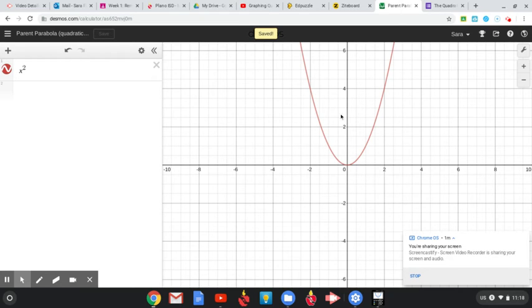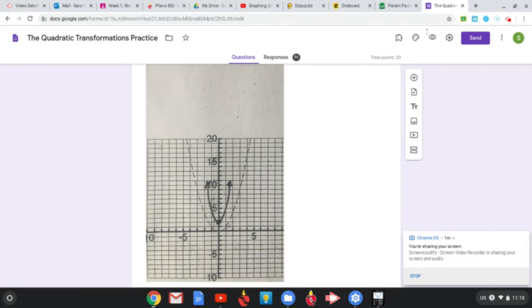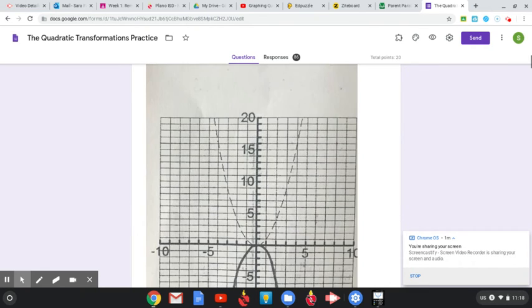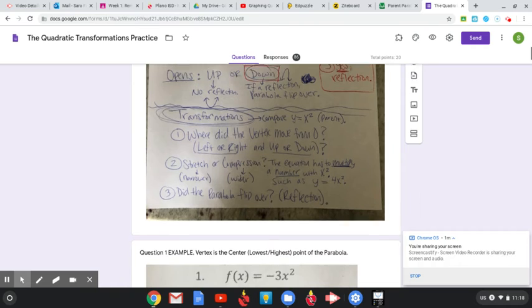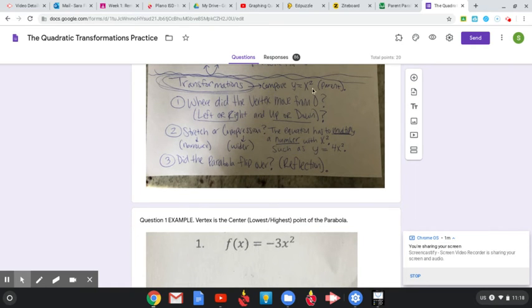So we're going to look at comparing this original parent graph to a new graph. On your Google form, you're going to see 3 questions to ask yourself. So we're comparing y equals x squared, the parent graph I just made on Desmos.